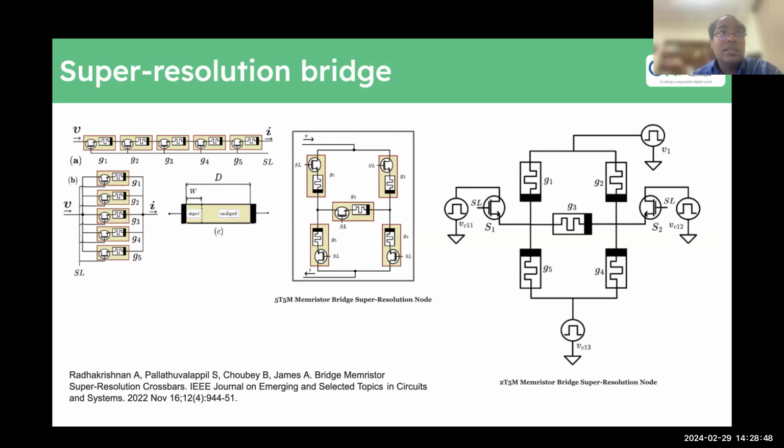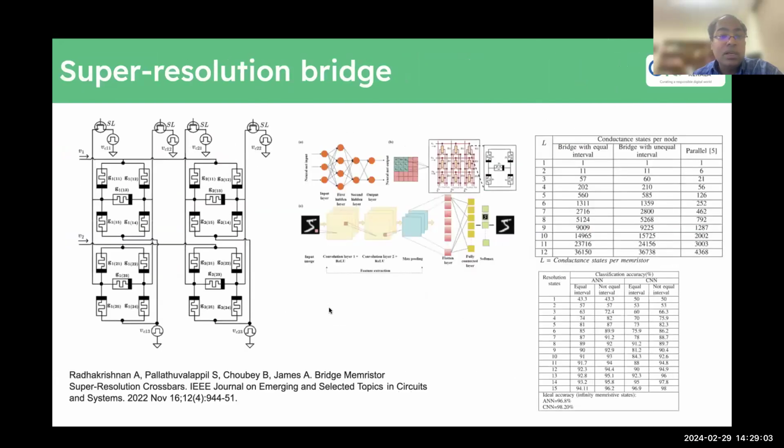So if there are certain applications where you need many more stable levels, then this kind of configuration with programming the states would achieve that. And these are some of the results that you can see here. While the parallel would achieve equivalently 4,000 levels with equal distribution of weights, a bridge configuration would achieve 36,000.